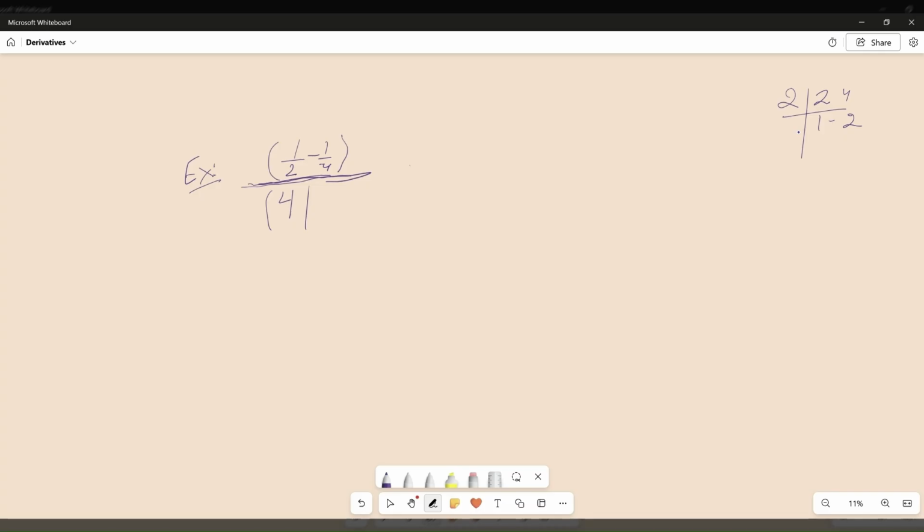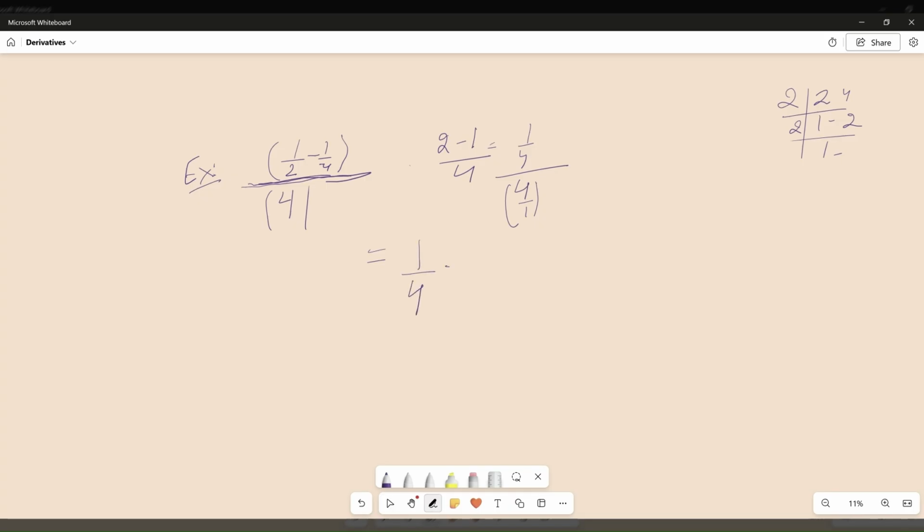It would be 4, since 2 times 2 is 4. This is 2 minus 1, which is 1 over 4, divided by 4. So you can also write this as 4 divided by 1, right? It's not going to hurt. It denotes the same idea, just to simplify the expression, so it's easy to evaluate.